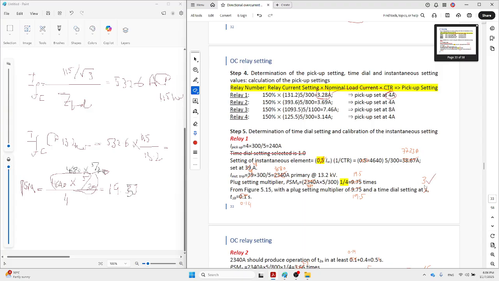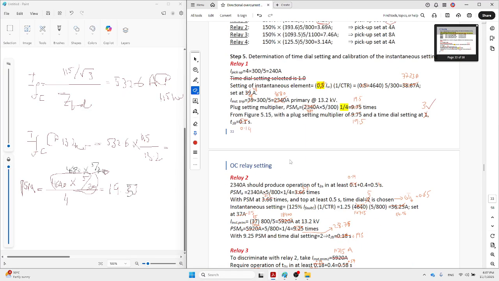So TSM is 0.14 or 0.145. Then by this current, which is 4680, correct? 4680, we are going to this operating time 0.14 for the first relay.